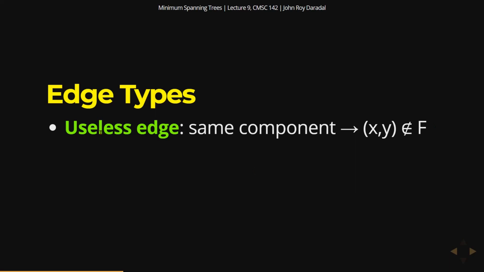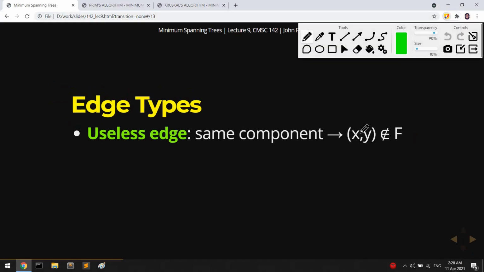So first, let's talk about useless edges. A useless edge is when the 2 endpoints belong to the same component already. If that's the case, then that edge xy should not be part of the growing forest.